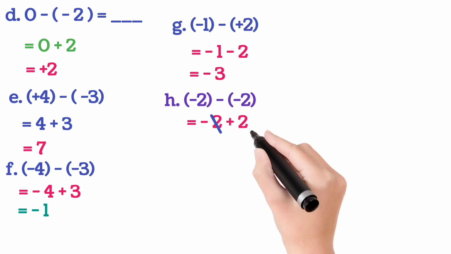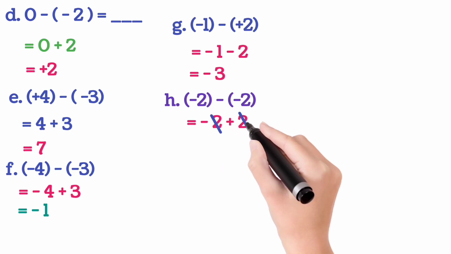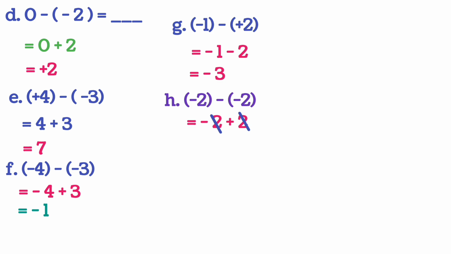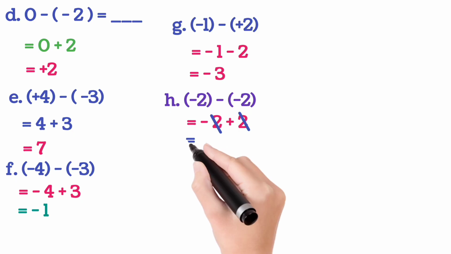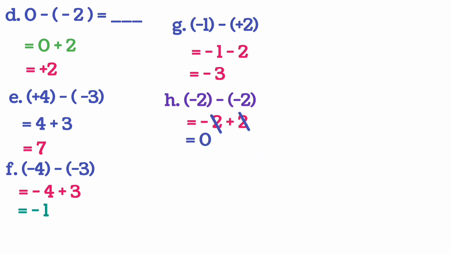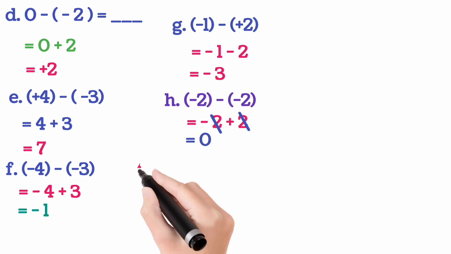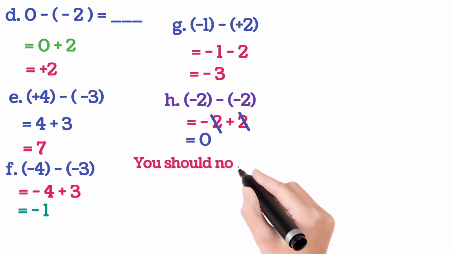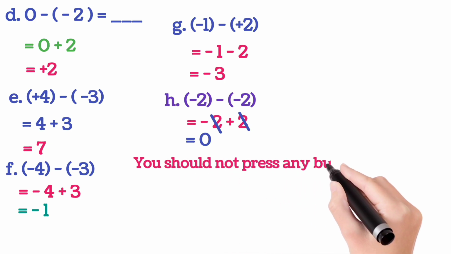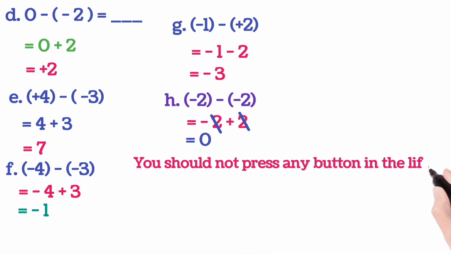So we will cancel minus 2 and plus 2, and by common sense, your target floor is minus 2 and your starting floor is also minus 2. So 0 will come, meaning what? You will not press any button inside the lift, right? The sum is very interesting. Okay now? No problem.